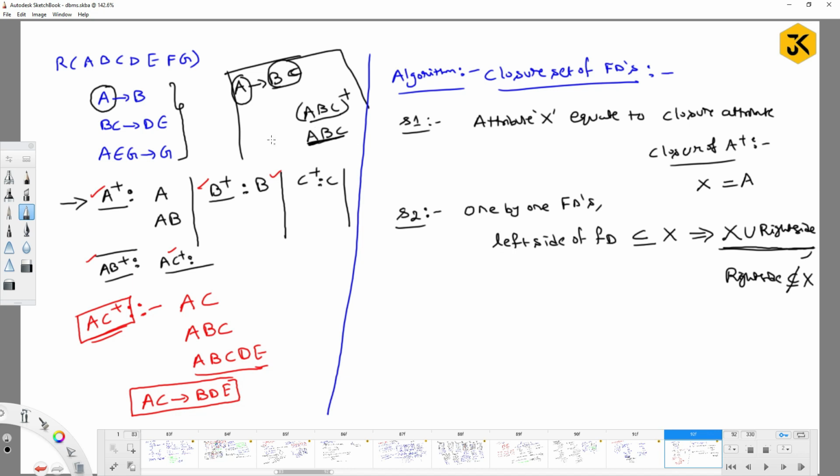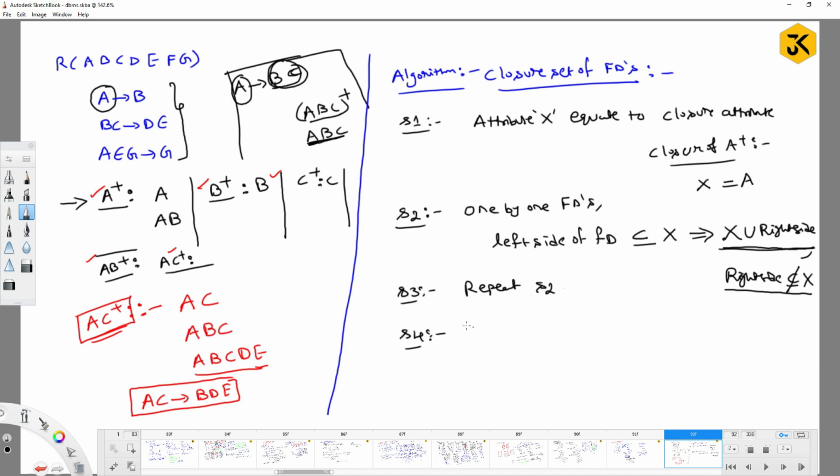But when adding, if the right side part is not already in X, that's what I have written: right side is not a subset of X. This process you have to continue. You repeat step 2, and finally your result will be the answer.